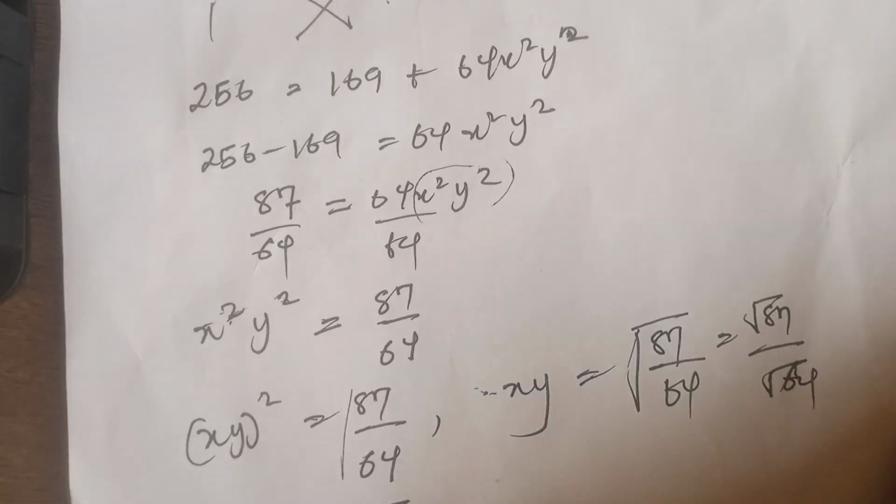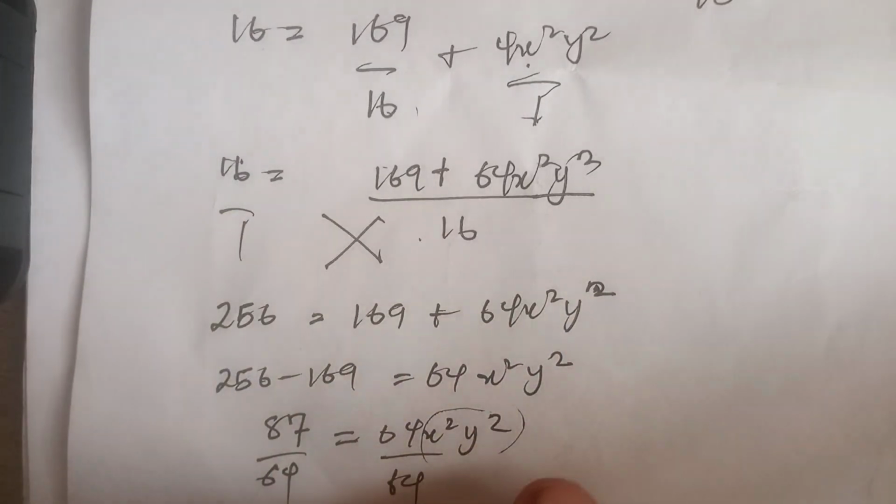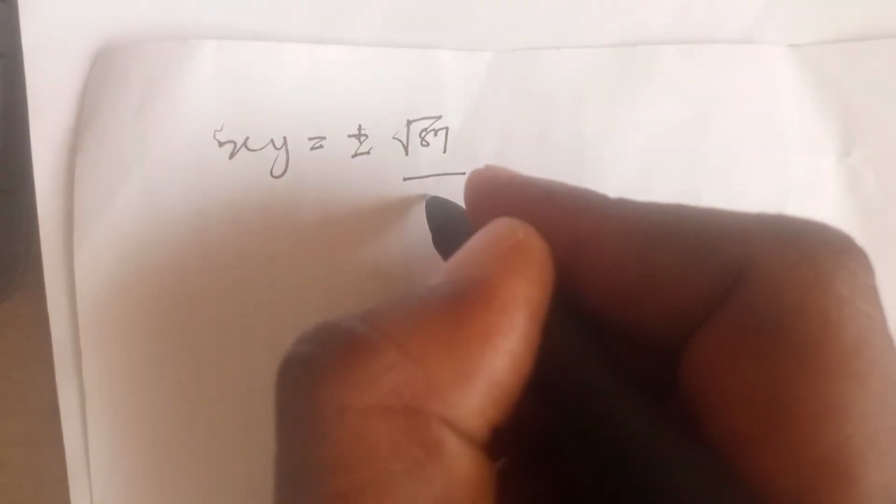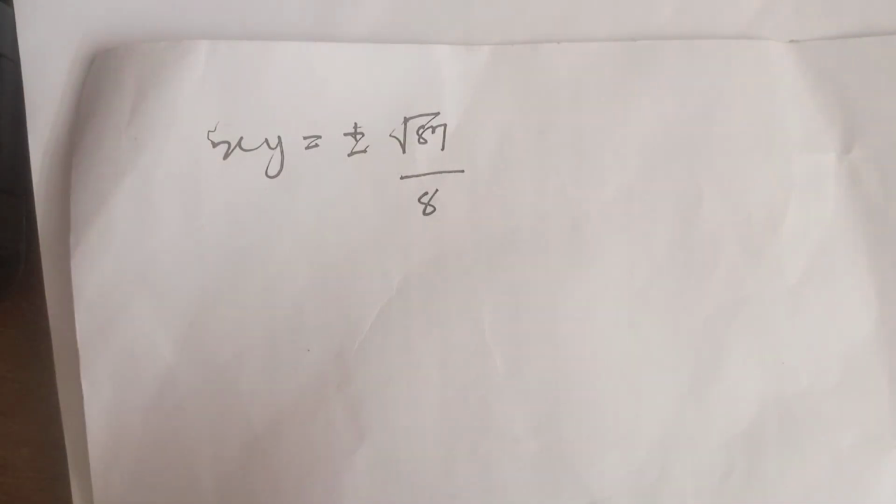So we have plus or minus side to that. All right, so let us continue. From xy equals plus or minus root 87 over 8. All right, now stopping here.